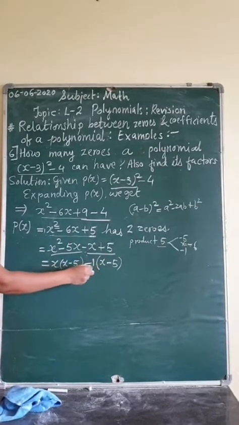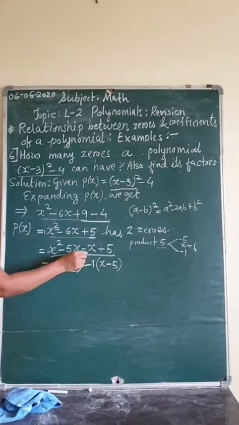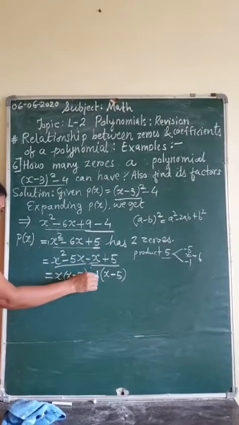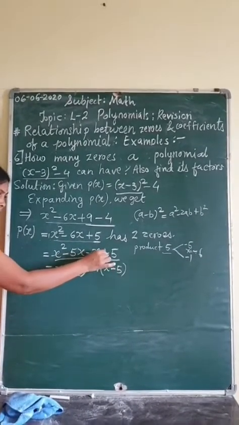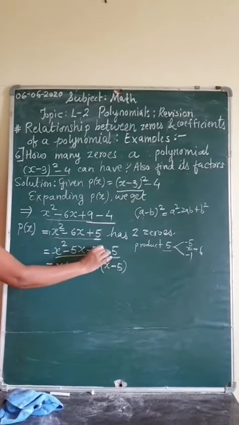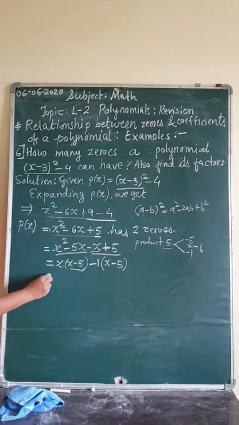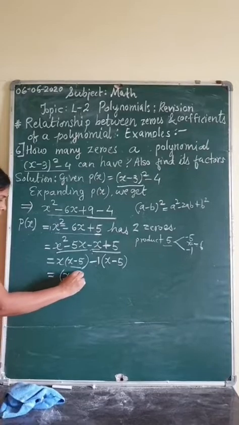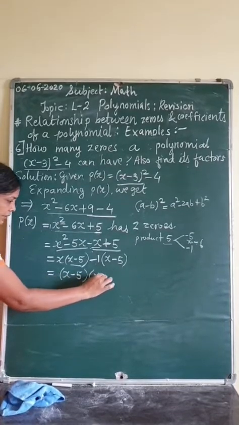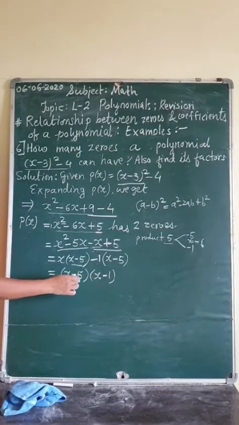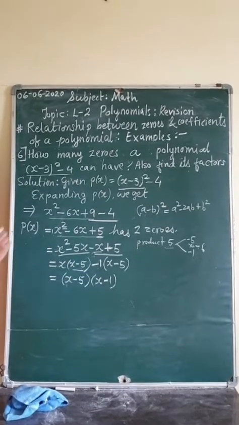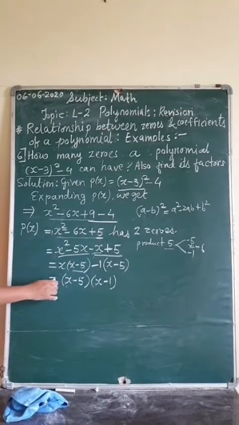If you multiply minus 1 into x, it gives us minus x. Multiply minus 1 into minus 5, it gives plus 5. So you have to recheck this way, and then we get the factors x minus 5 into x minus 1.